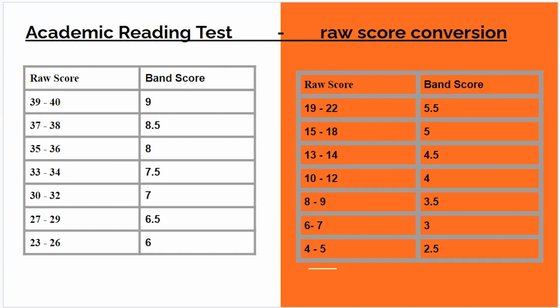And if it is 8 to 9, then the band score will be 3.5. So the band scores are arranged and matched based upon how well the person performs in the test. When you see the table, you can get a clear understanding of what the test is all about.